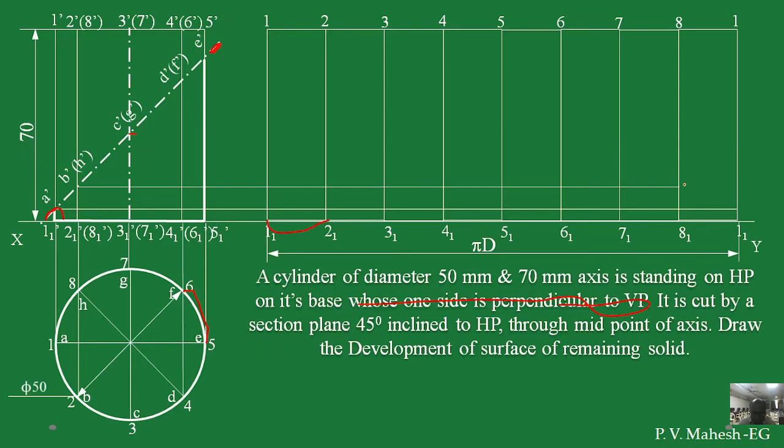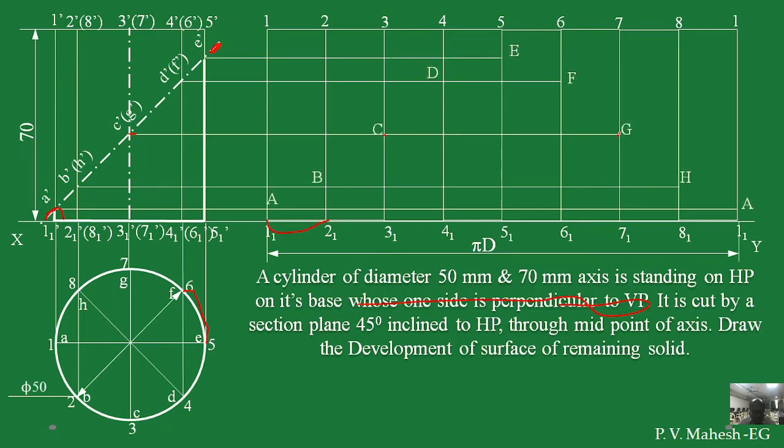So you can see here this is B and this is B and this is H. And next this one is on 4. So this is D and this is F. This one is C, this one is C, and this one is G. Like that I have to identify points and I have to join.